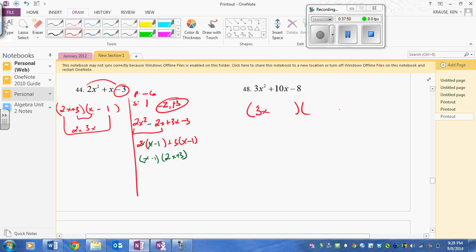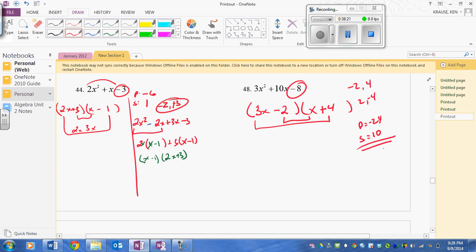Alright. 2x and x. So we have 2 ways to multiply to negative 8, negative 2 and 4, or 2 and negative 4. Let's try negative 2 and positive 4. That's positive 12 and negative 2 gives me 10x. And if we do this product sum, first we have to multiply this 3 times the negative 8, so the product is negative 24, and the sum is 10.